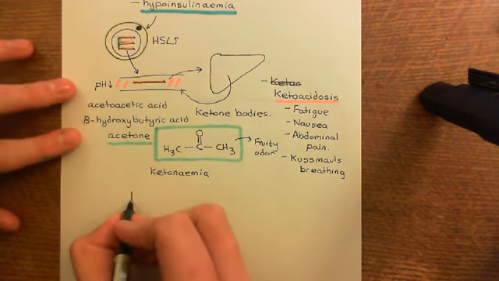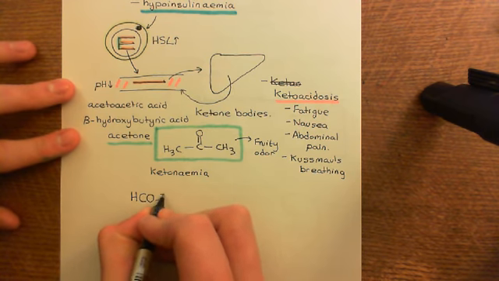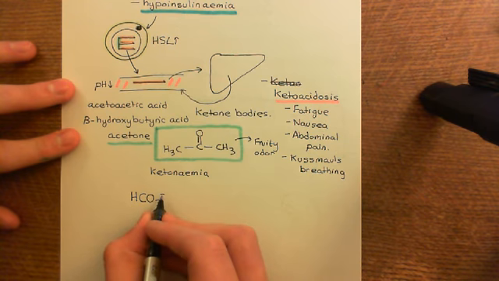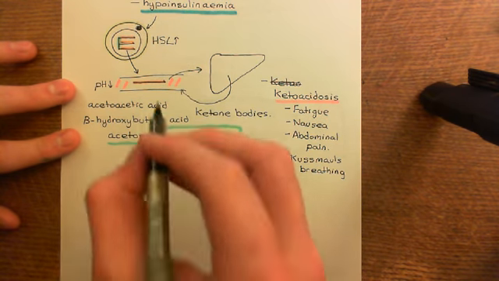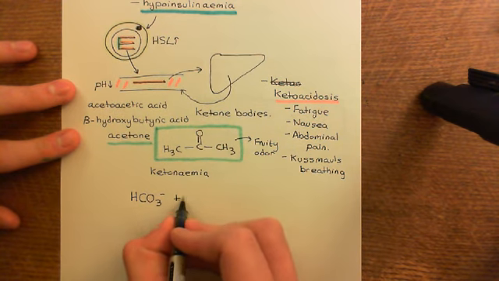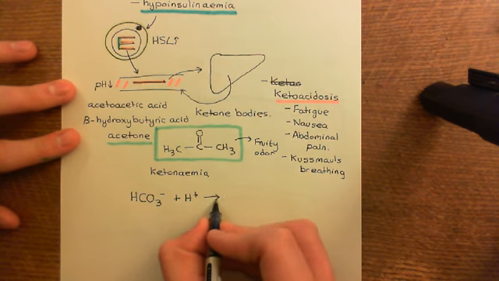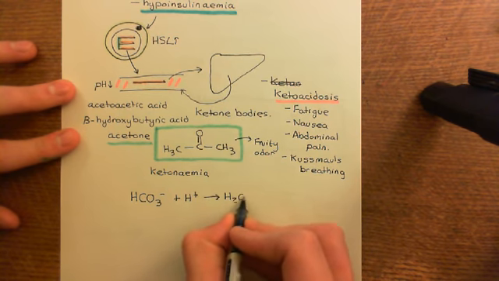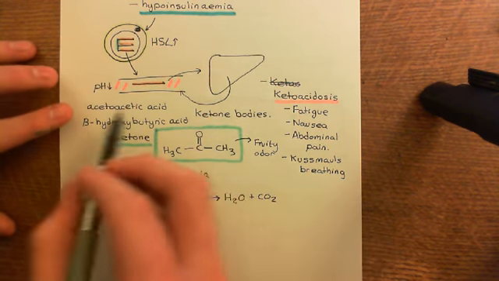One of the key buffers that the blood has is bicarbonate anions, HCO3-. You have loads of these in the blood, and they are a buffer because if you put additional protons into the solution of the blood, these protons will react with bicarbonate anions, and they will form water and carbon dioxide.